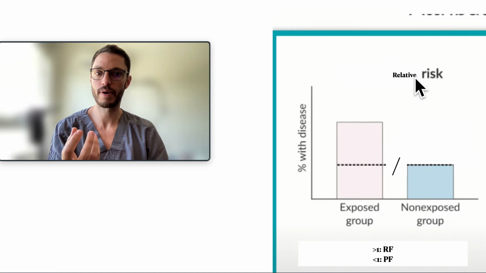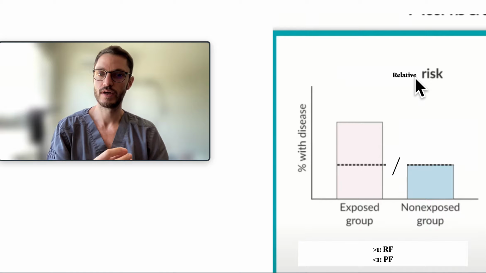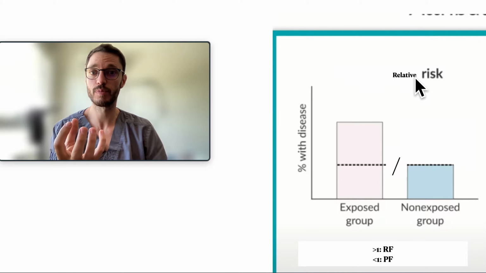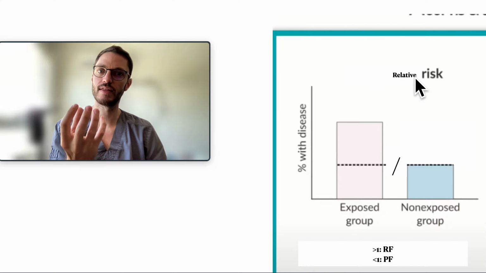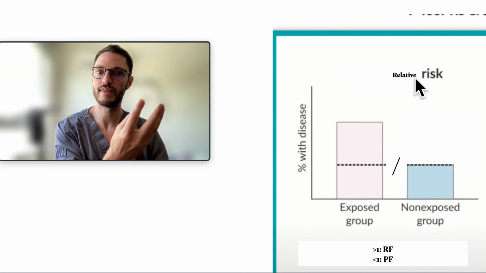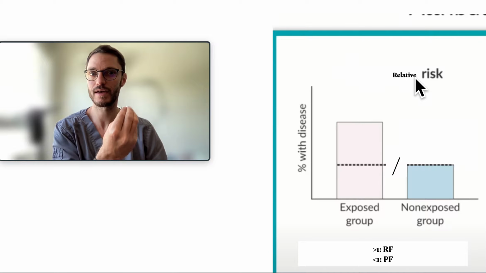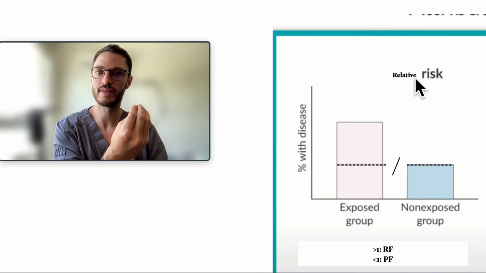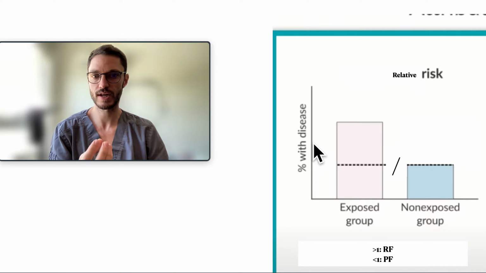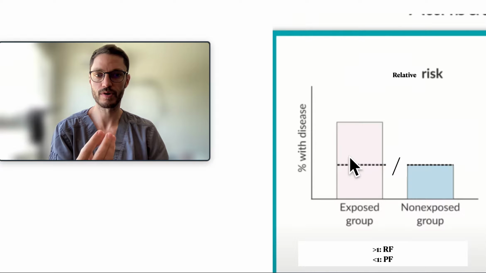And how do you compare them? You look at incidence. The incidence in the exposed group is actually the risk in the exposed group. And you compare that to the risk in the unexposed group, which is the same as stating the incidence in the non-exposed group. Okay, here we have percentages. So here we have the percentage of the exposed group with the disease.